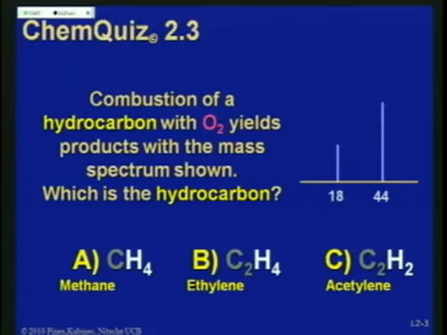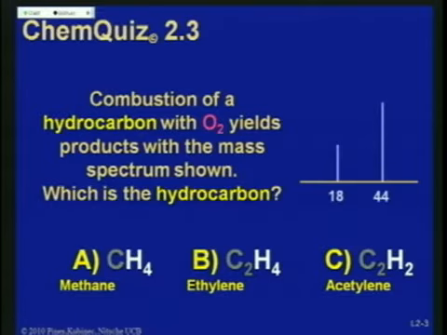And if we assume now that we have caught all the reaction products, the reaction products are water and CO2. Hydrocarbon plus oxygen gives water and CO2. And let's assume we take a sample and inject it into our mass spectrometer. So we want to get the ratio of carbon to hydrogen for this.